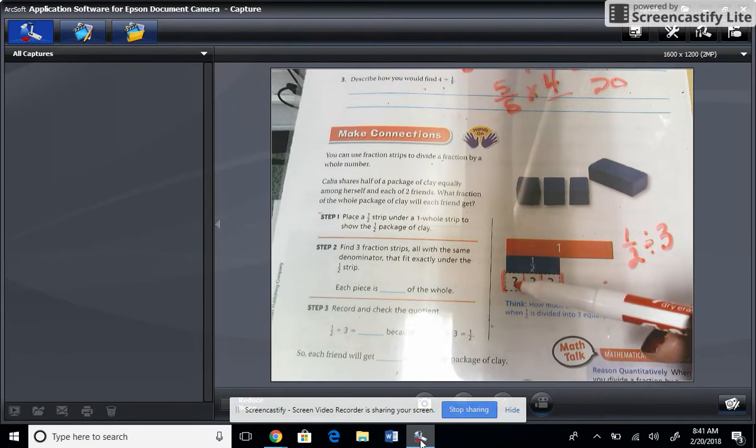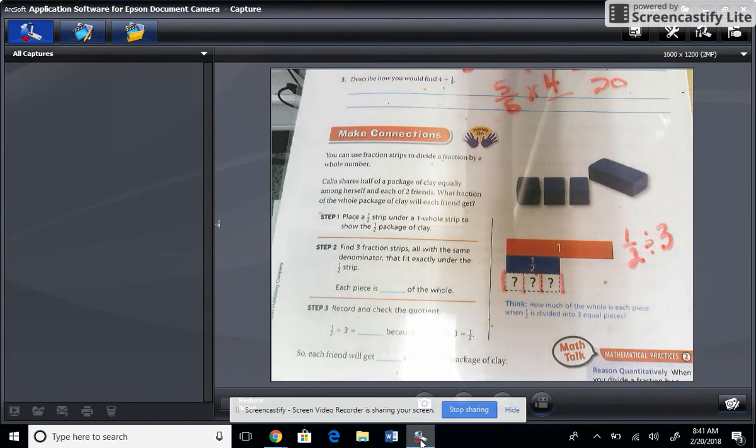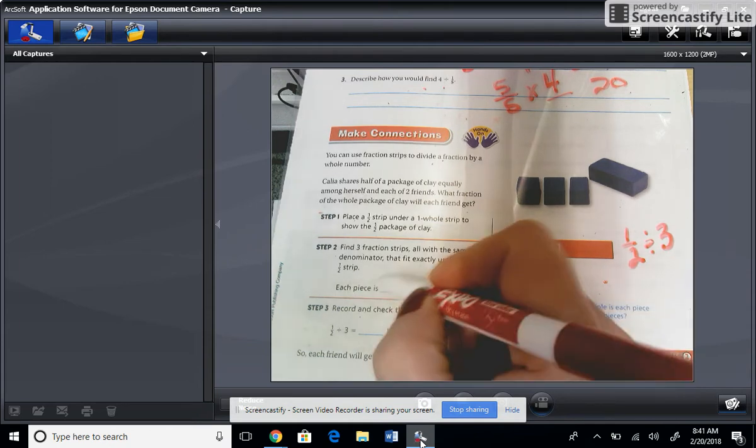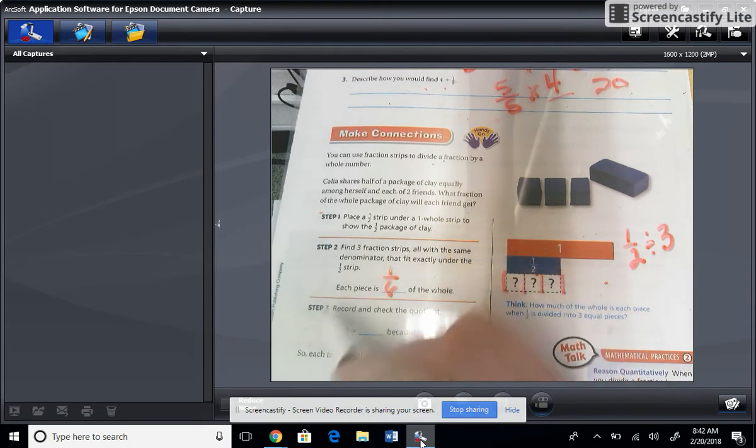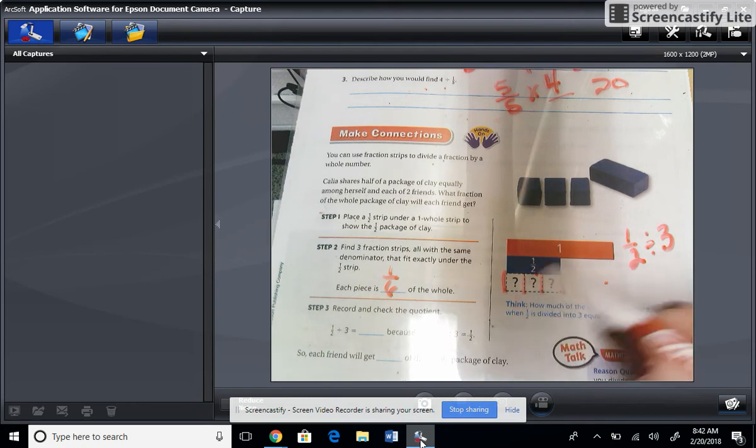Okay, I hope you figured out that each piece is 1/6 of the whole. Record 1/6, because 1/6 times 3 is a half. Well, let's figure that out. 1/6 times 3 over 1, we get 3/6.